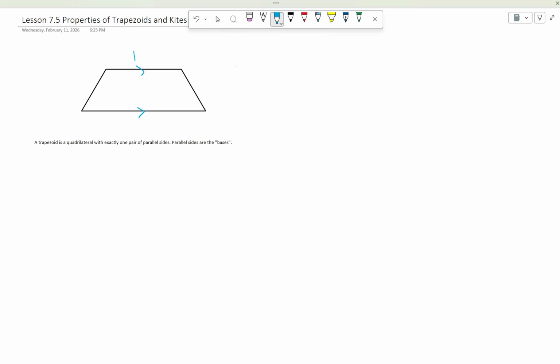Here are the other parts. This parallel side and this parallel side are called bases. A base is a big base. And then they have these angles, which are paired together. This is a base angle.